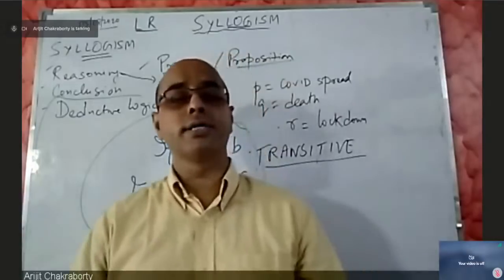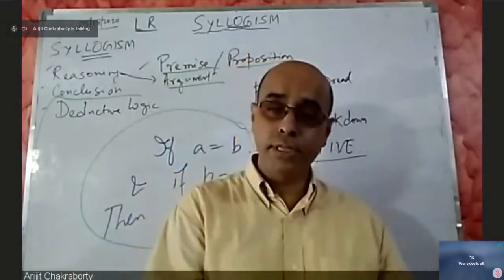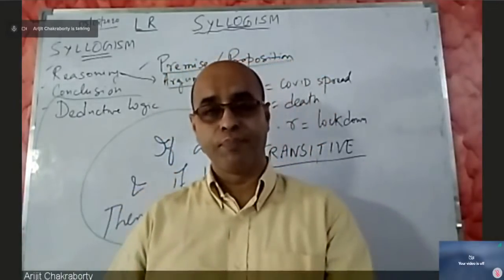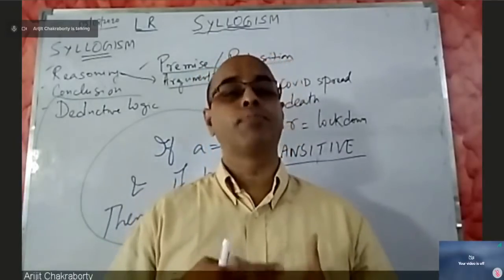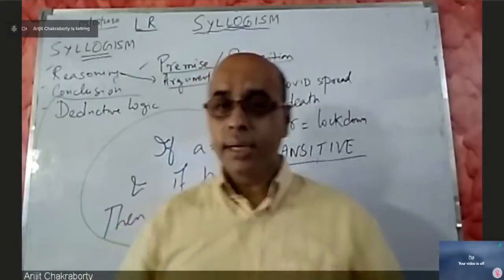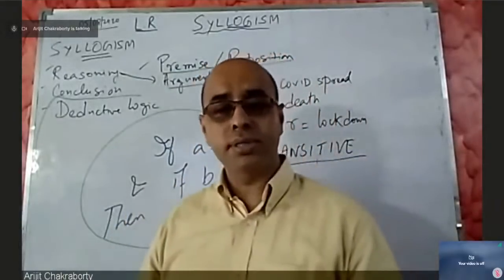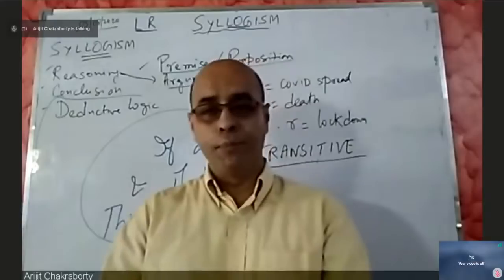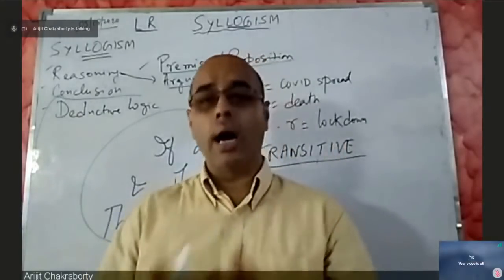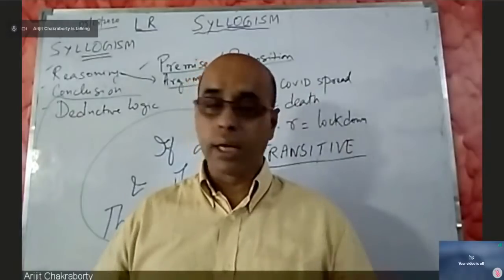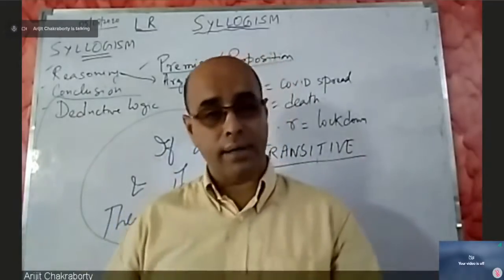The second part is it deals with different statements and arrives at a conclusion. Statements are also known as proposition or premises, and we have seen two simple rules. If P then Q, statement 1. Statement 2, if Q then R. So the conclusion is if P then R.